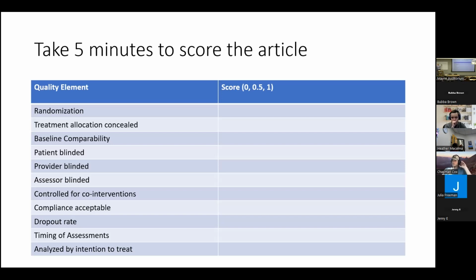Okay, so you could go 0 or 0.5, I think. So you can sometimes look into it, but I totally agree with you that they didn't say anything about the assessors. Okay, control for co-interventions, it's over here, right? Yeah, go ahead. Yeah, all right. You know what that means?